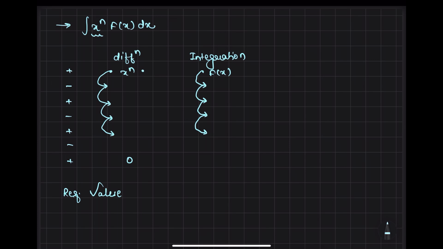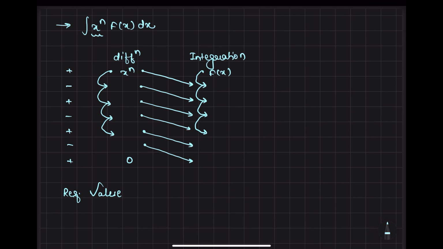You multiply the positive of the first with its integral, then the negative of the next with its integral, and you keep on adding these products. That will be the answer.